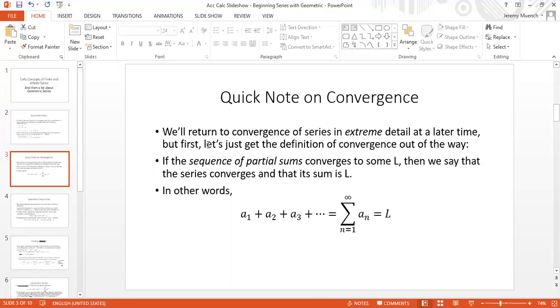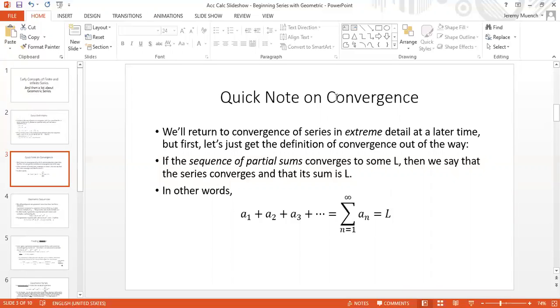So the reason that we need them, what we really use these for, is our quick note on convergence, which we will spend a lot more time on later. Those of you who have either seen or heard about the Taylor and Maclaurin series parts of Calc 2 know, or at least would have heard, that this is an extremely detailed part of this course.